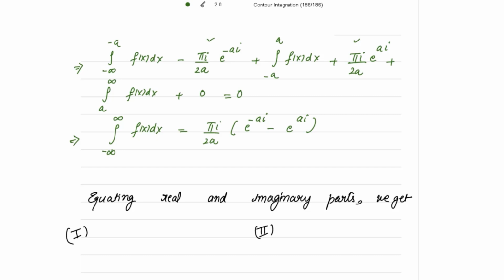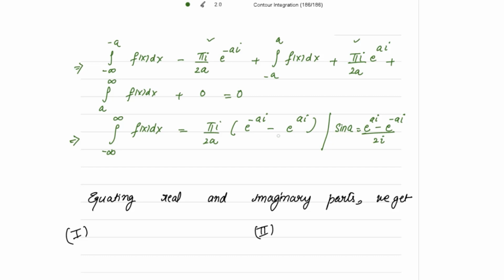Do you remember the formula for sine of a? Sine of a is equal to e to the power a iota minus e to the power minus a iota over 2 iota.